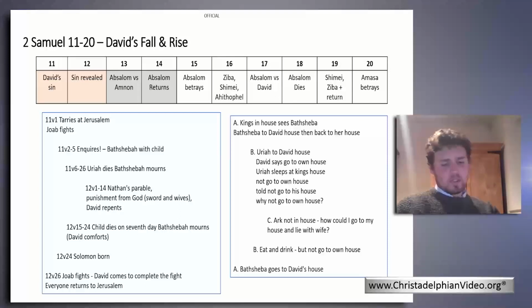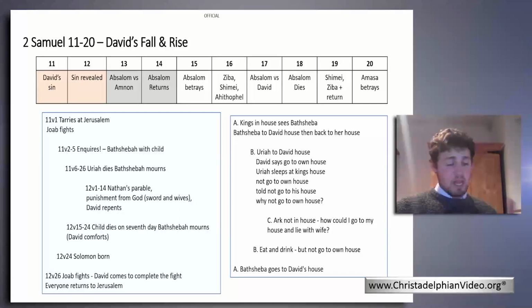And therefore David's sin is particularly grievous because of the contrast and the relief that Uriah's attitude puts against David's own attitude in this case.